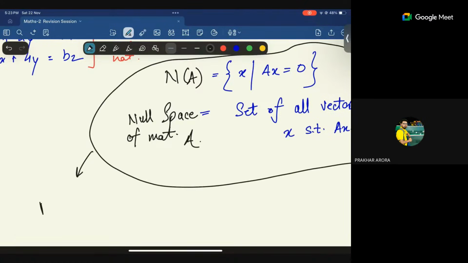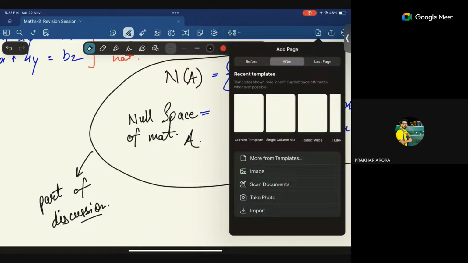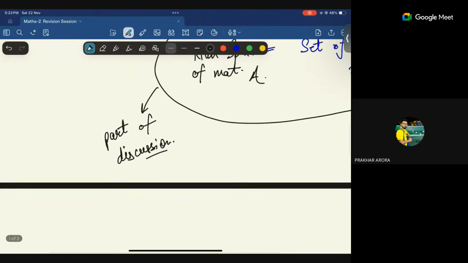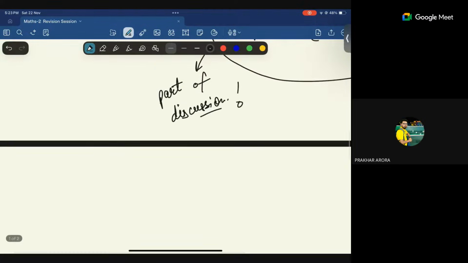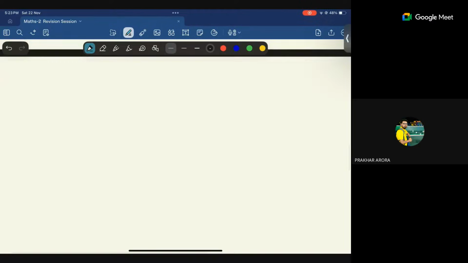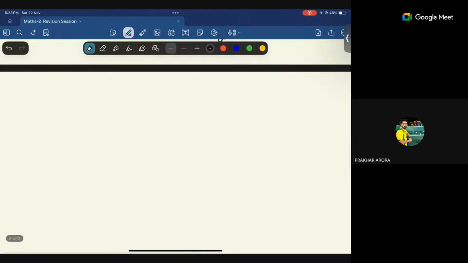There is a part of the discussion that is pending here, and I will continue this after we talk about linear transformations. After we start that discussion, you will understand why I left it at this point. So now let us start something altogether new: linear transformations.